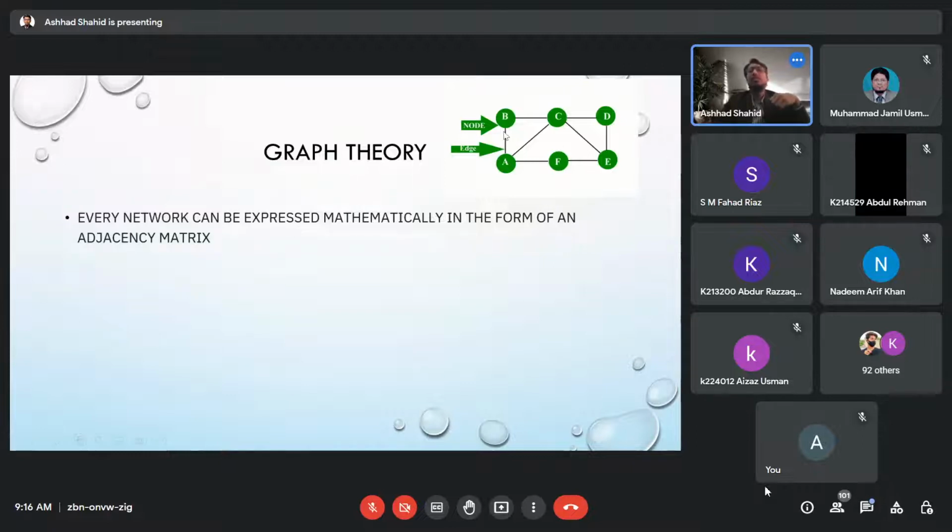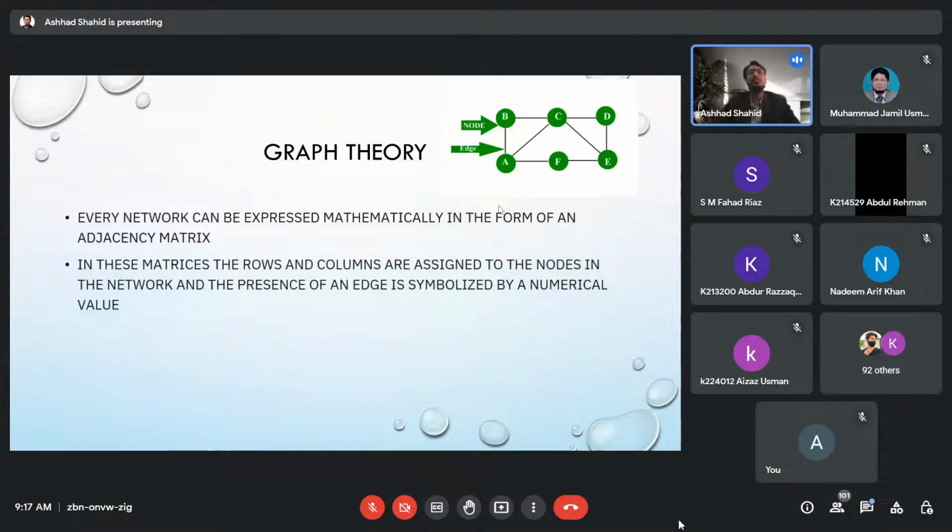In this picture, A, B, C, D, E, and F are the nodes of this graph, and we have edges also. A to B is one edge of this graph, similarly A to C is another edge, similarly A to F, and so on. This graph, or this flow of information, can also be described in matrix form, and this matrix is known as the adjacency matrix.